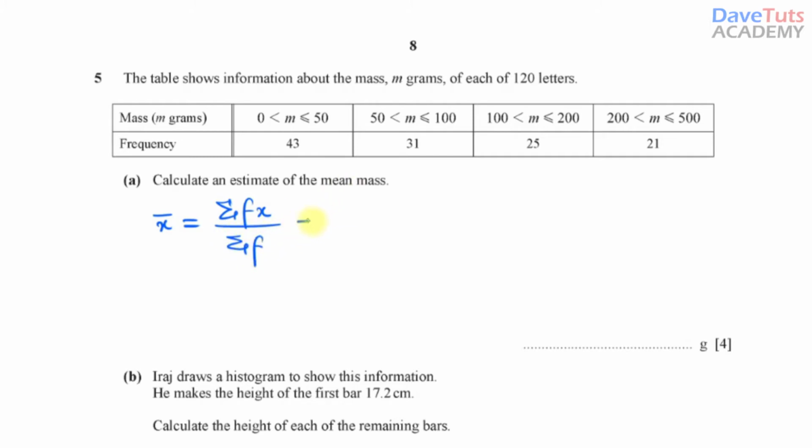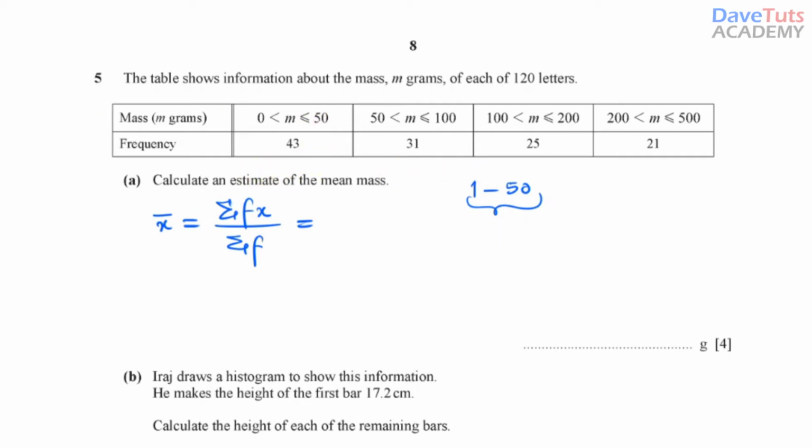Okay, so in this particular case, I think why they are telling us it's an estimate is that ideally 0 less than m less than or equal to 50 will mean that we are taking a data entry from say 1 to 50, and if you want to find the median, that would have been 25.5, but that would be quite equivalent to putting in 25. So I think that's why they are talking about the estimate.